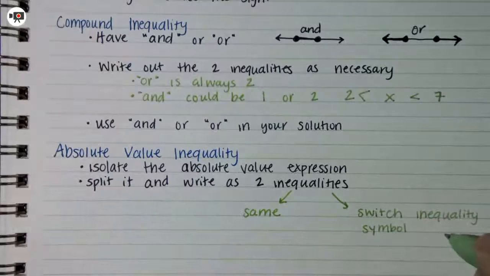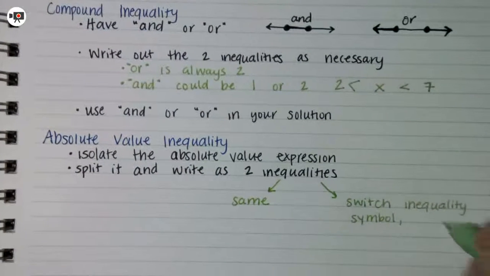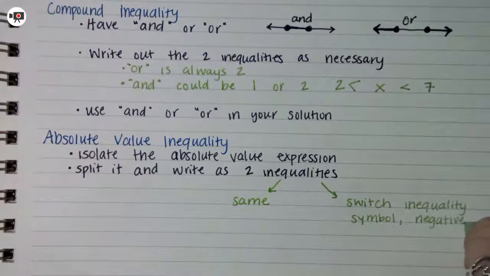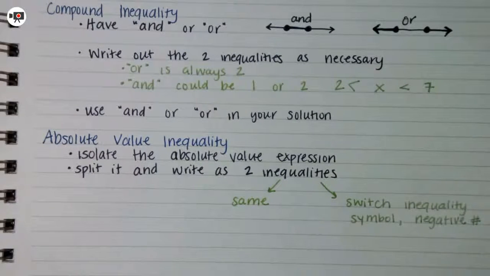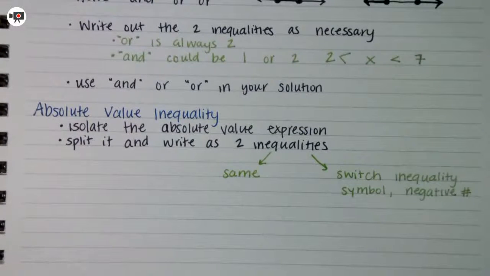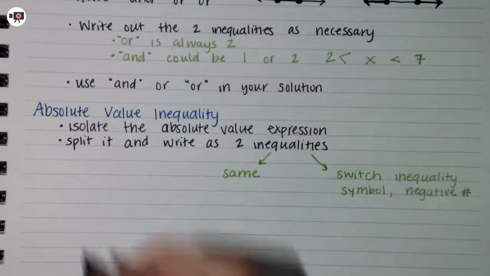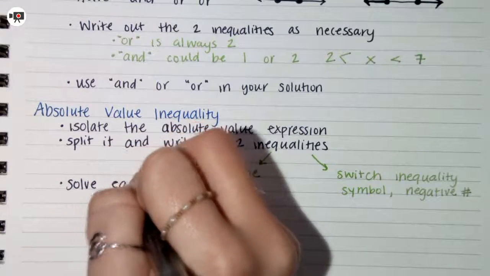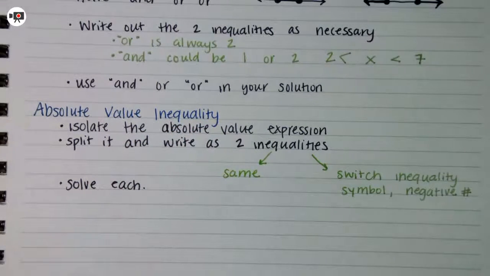Your inequality symbol switches to face the other way, and you have the opposite sign, so your number becomes negative. One stays the same, 1 switches. Then you solve each inequality. You only need to graph when it says to graph.